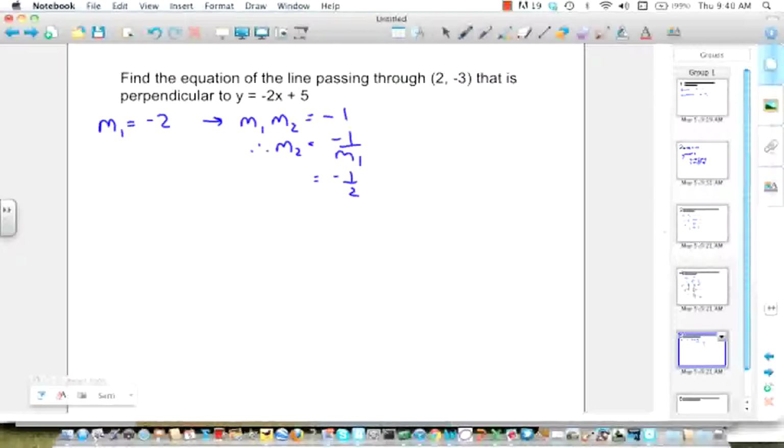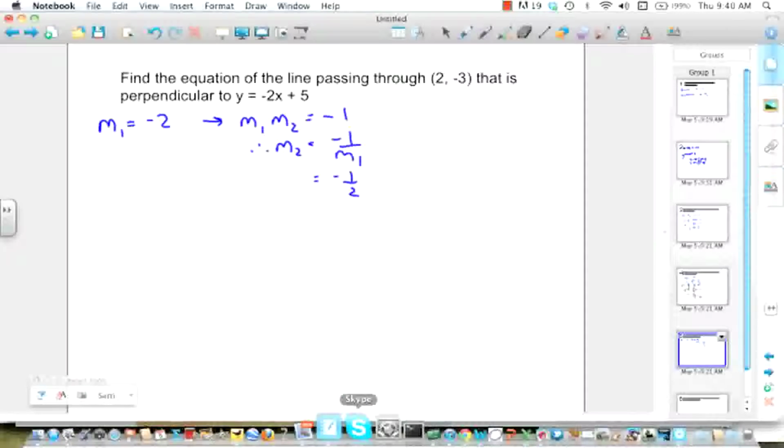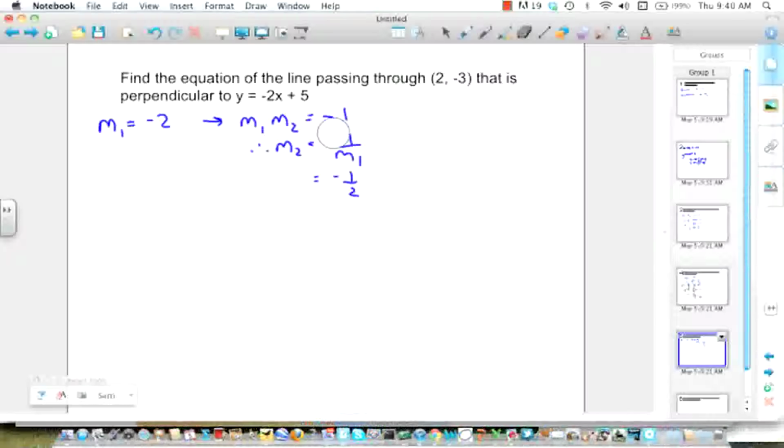All it is, it's not negative 1/2, it's positive 1/2, because that was negative 2, so it's positive 1/2. All it is it's the negative reciprocal of that. Reciprocal meaning you put it over 1, invert it. So now we've got a gradient and a point, apply the point gradient formula.